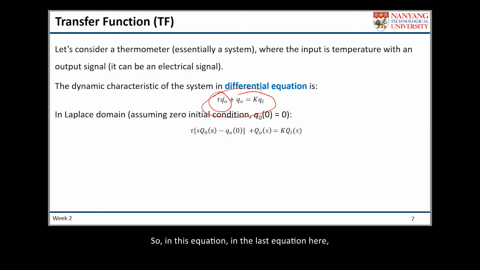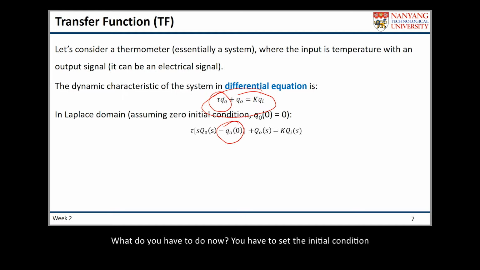In the last equation here, we only have one initial condition, which is Q naught(0), the Q naught when time is equal to 0. You might have other initial conditions in the Laplace of a differential equation, but in this particular case, we only have one term of initial condition.